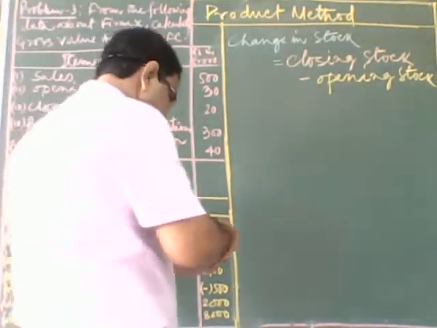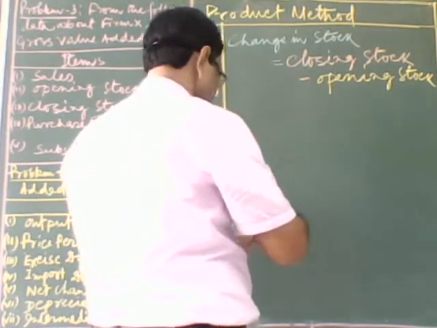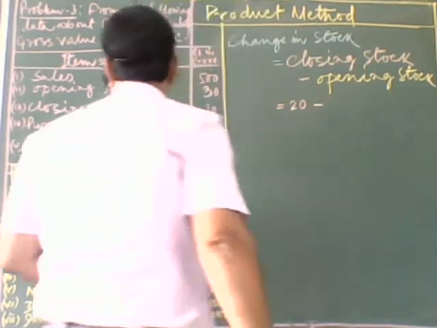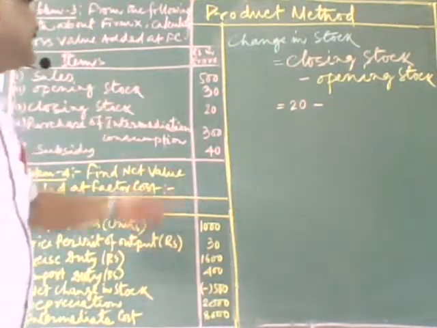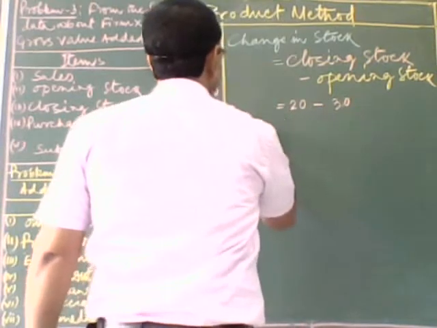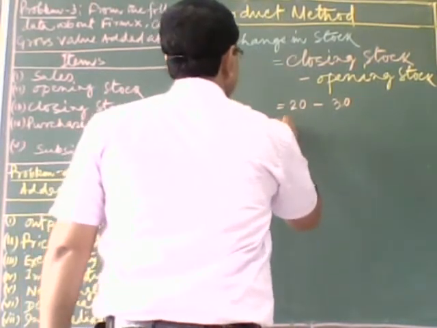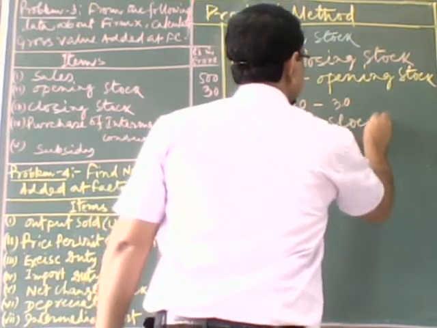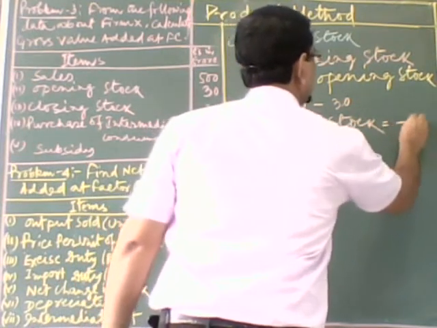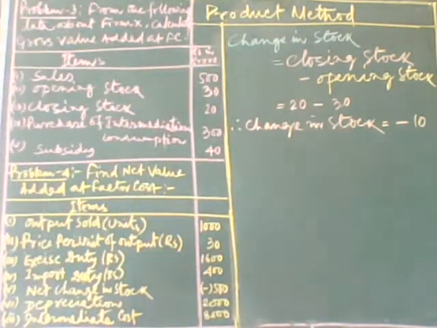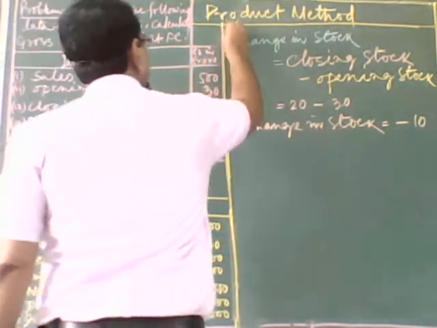Now you have to put the value 20 minus the value of opening stock, which is 30. You have to put the value 30. Therefore, change in stock is equal to minus 10. This is number 1.